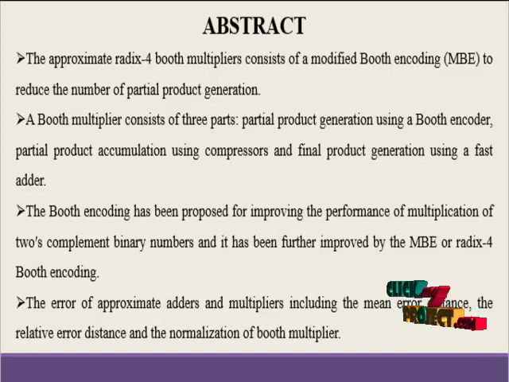Here we generate the approximate partial product arrays for the Booth encoding and then the product addition for each and every input of the approximate arrays. Here we improve the performance and implementation for the two's complement binary numbers, modifying the Booth encoding algorithm.